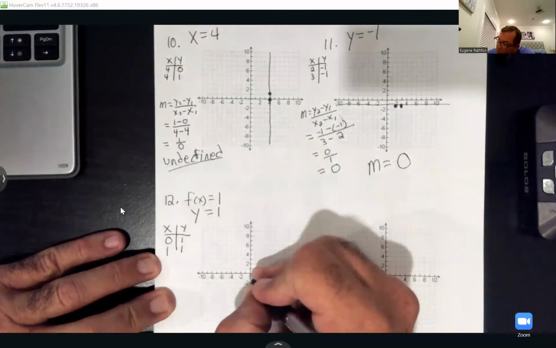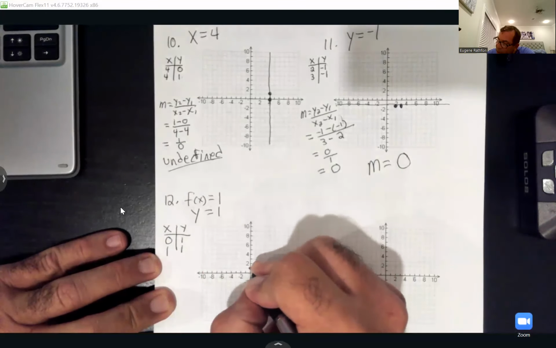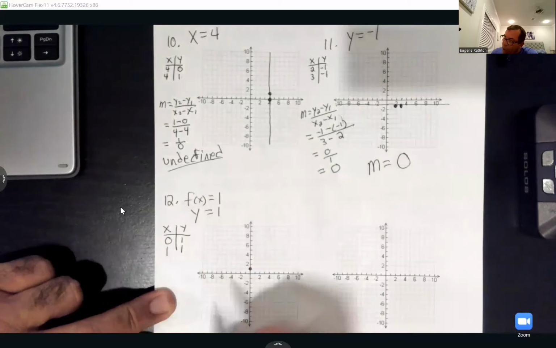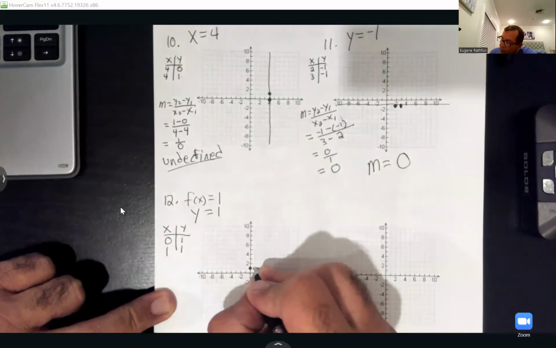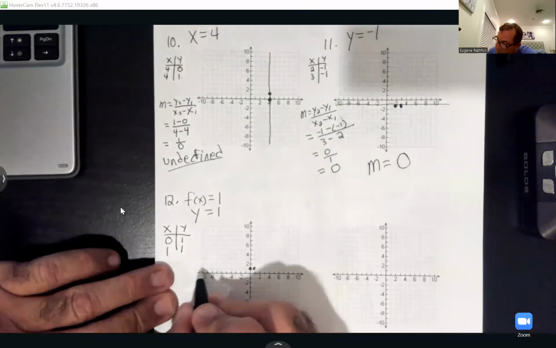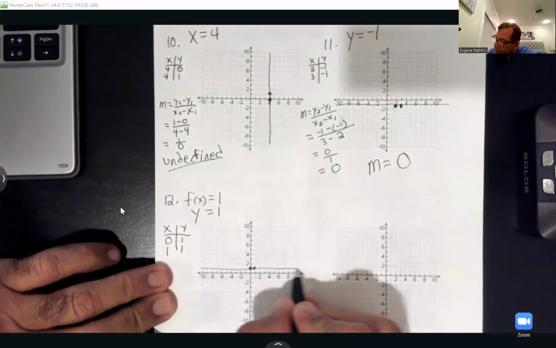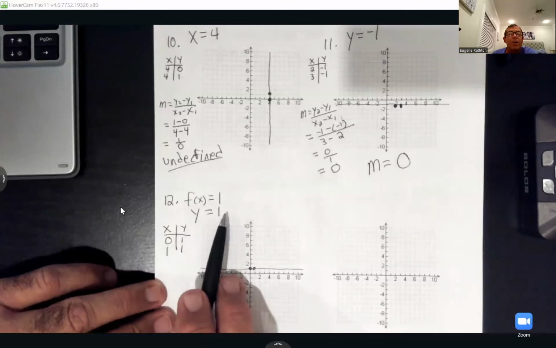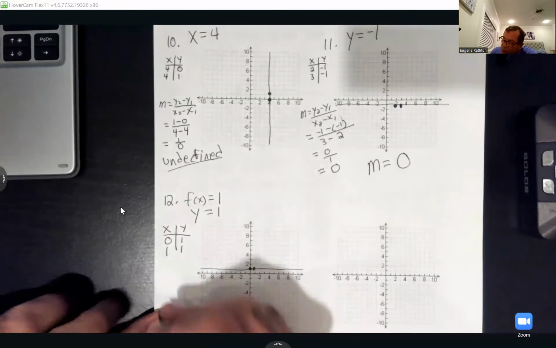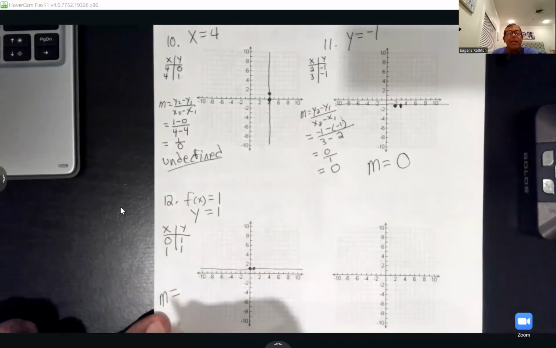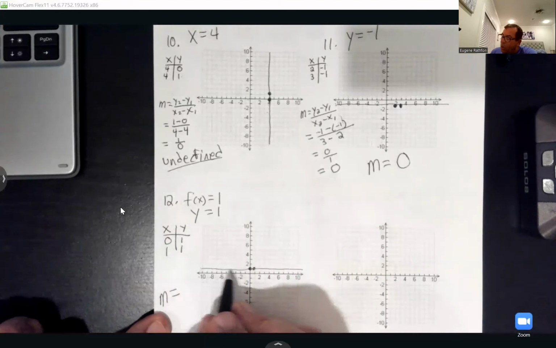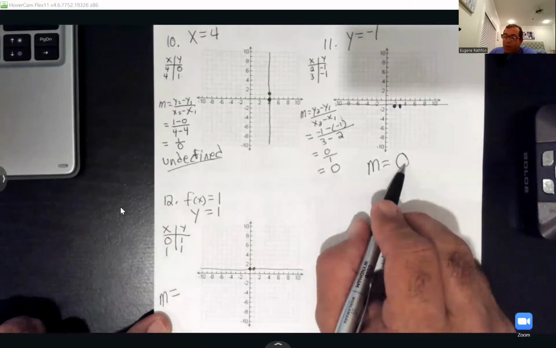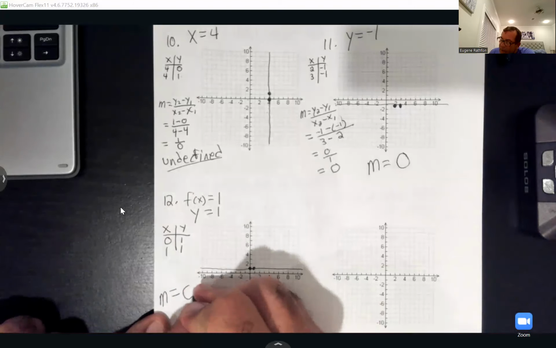So I'm going to plot 0, 1. So 0, 1 is straight up. I'm going to plot 1, 1, right 1, up 1. So notice, I get a horizontal line like I do every time I got a y equals a number. And that means the slope of this, m, which stands for slope, since it's horizontal, the slope is still going to be 0.